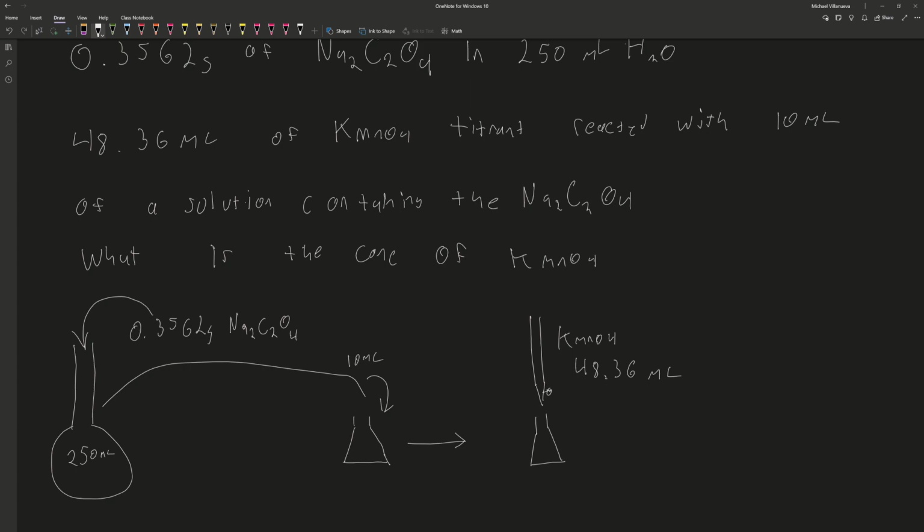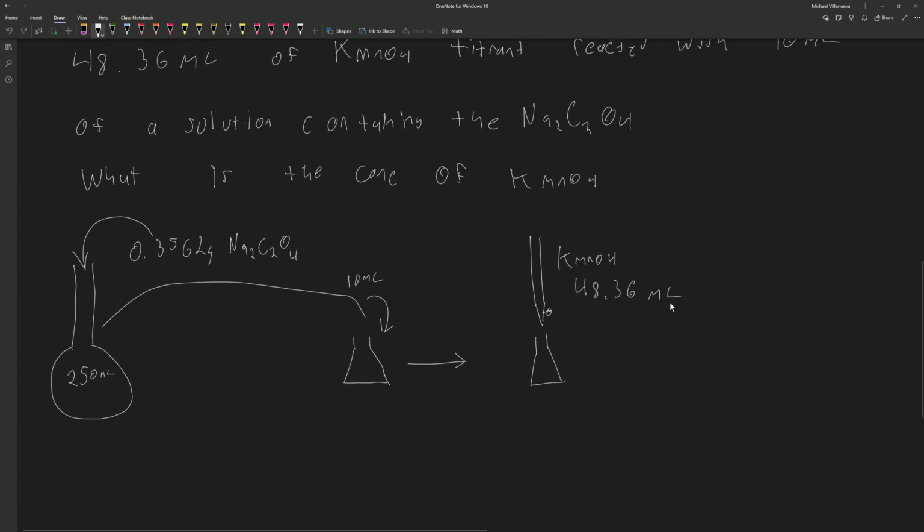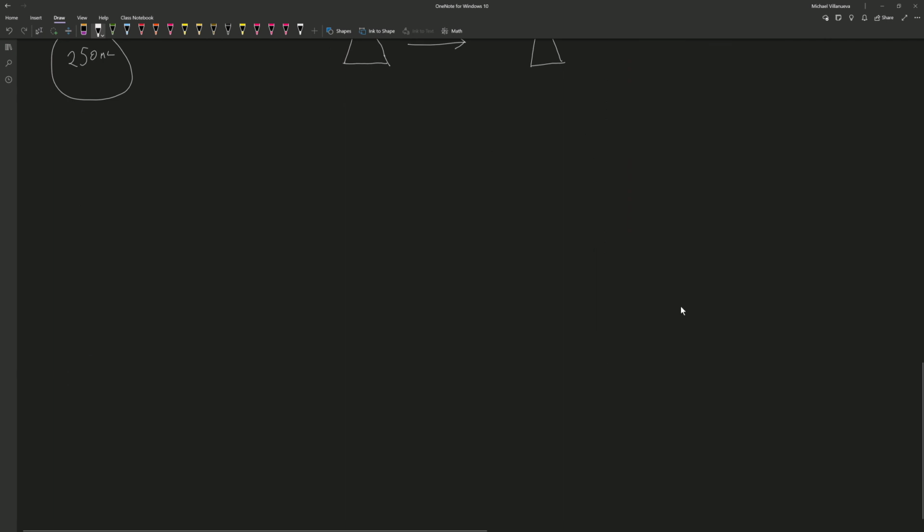So let us go through the math involved in solving this. So let's start out with writing 0.3562 grams of Na2C2O4. We're going to multiply this by the molar mass of Na2C2O4 to determine how many moles we have. Typically speaking, this is usually always the first step that we do.